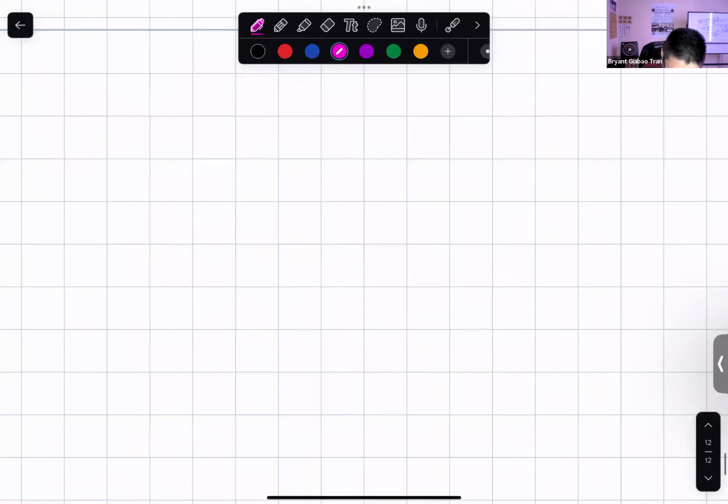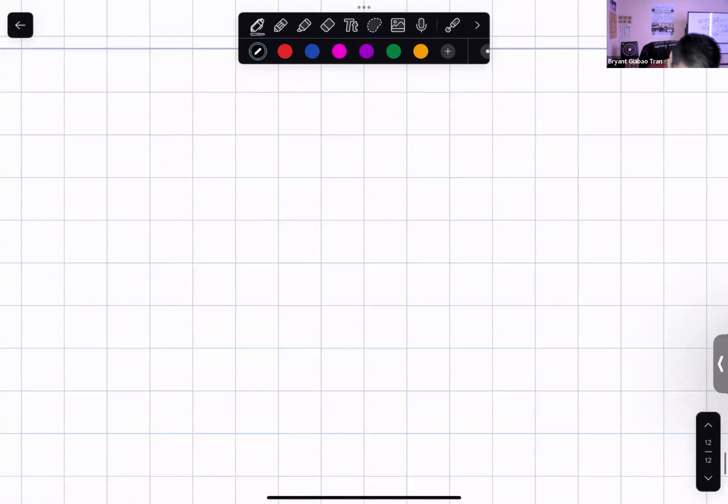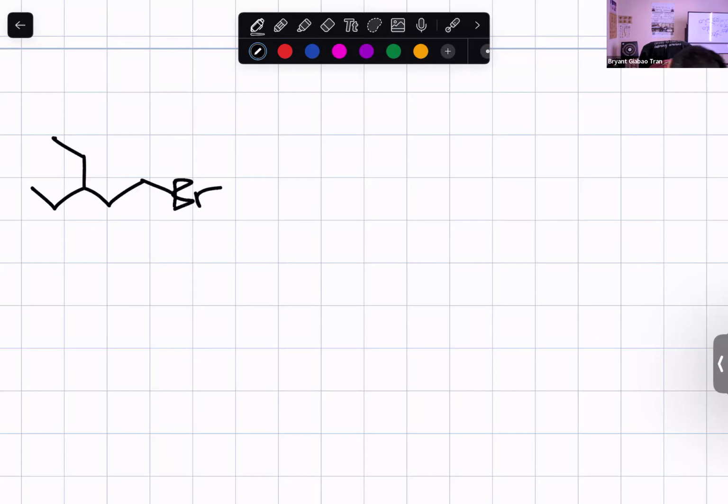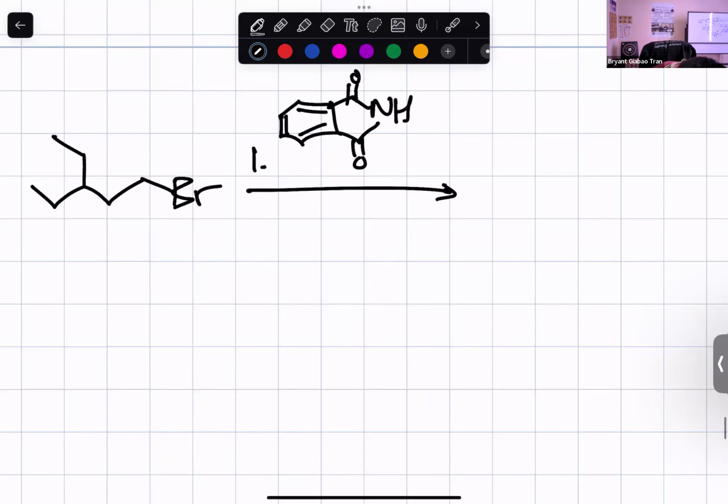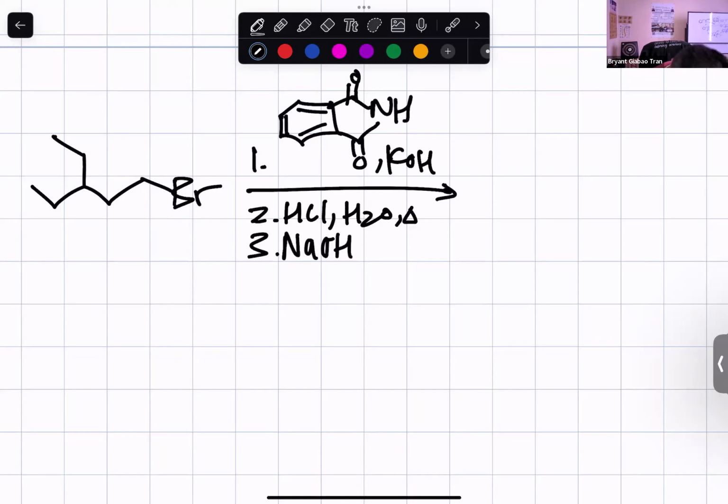I'm gonna give you guys a predicted product problem and a synthesis problem to try out. Let's say we have this reacting with this, step one, step two, H3O+, water.